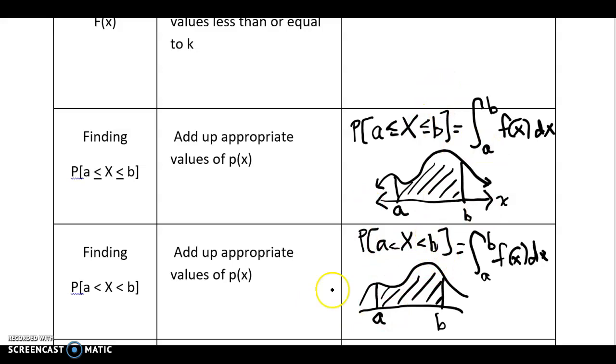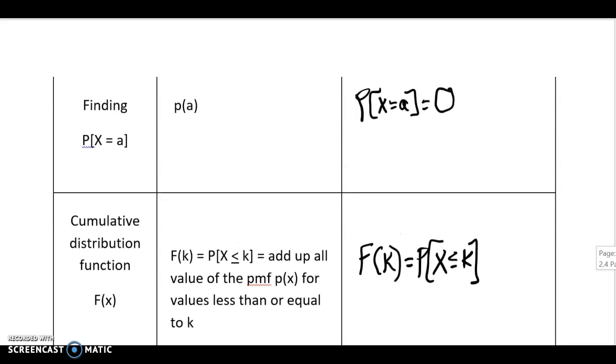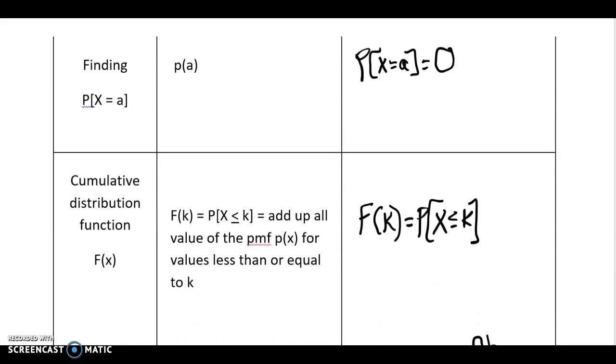All right, so now we have a different way of thinking of this. I'm going to go back up and look at the beginning of this table a little bit. Finding the probability x equals a. I told you it's 0 kind of just using common sense, but I want you to think of a couple other ways. We know that probability is area. If I just put a on there, what's the area of that line? 0.